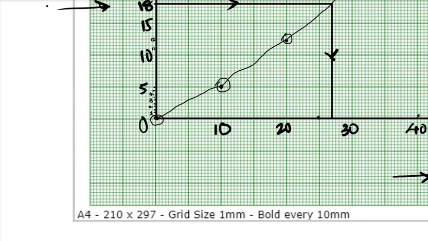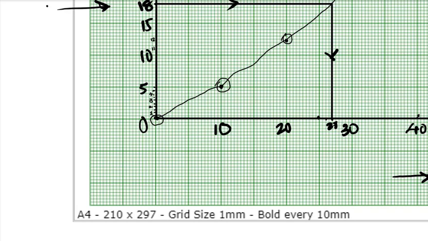This is going to be 26, and this is going to be 27, right? 28, 29, and 30. So at the point 27, this line exactly meets the class interval axis. That means your median is 27, right?